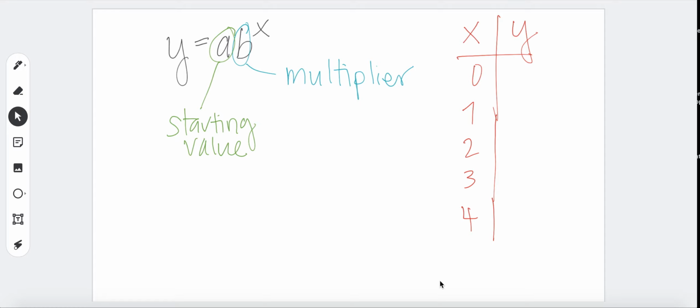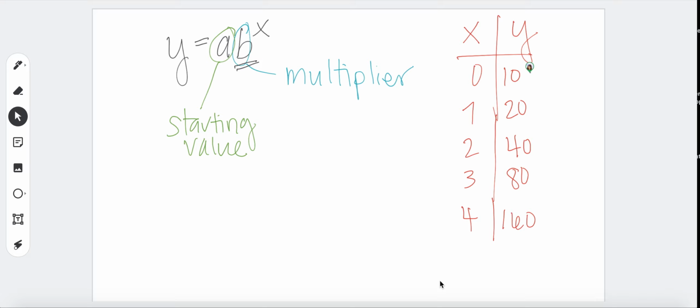And let's do something easy so that it's easy to see. I have something.